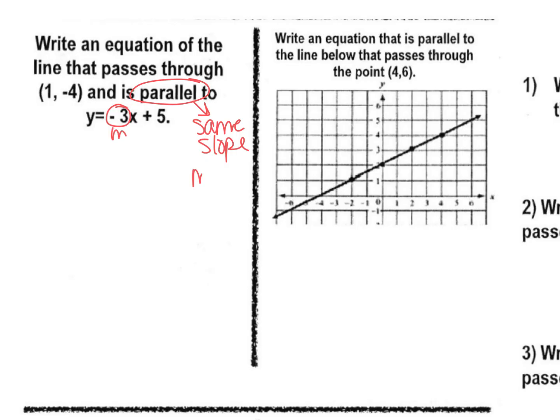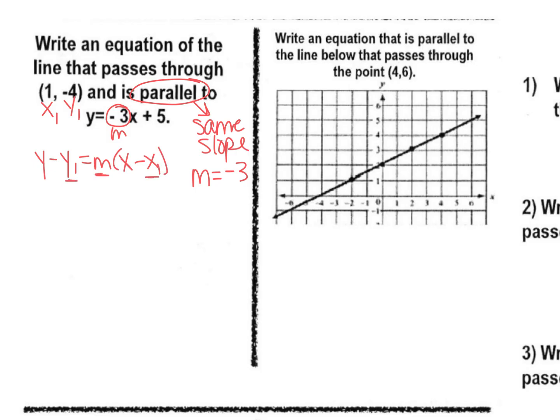So we need to write an equation with a slope of -3 and an x and a y of 1 and -4. Since we have a point and a slope, we are going to start with y minus y1 equals m times x minus x1, where we're filling in these spaces.